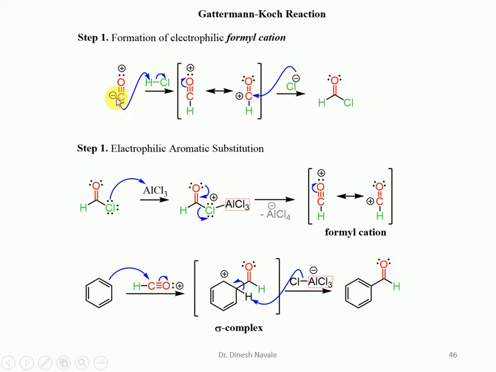Carbon monoxide reacts with the acid proton to give formyl chloride. This formyl chloride with AlCl3 gives the formyl cation, then the formyl cation on reaction with the aromatic ring gives benzaldehyde. So the first step is the formation of the electrophilic formyl cation, and the second step is what? Electrophilic aromatic substitution.